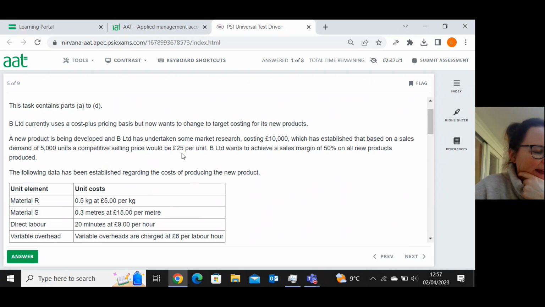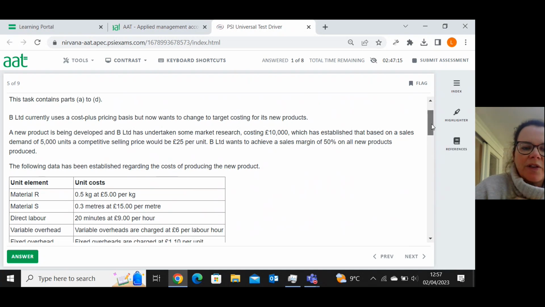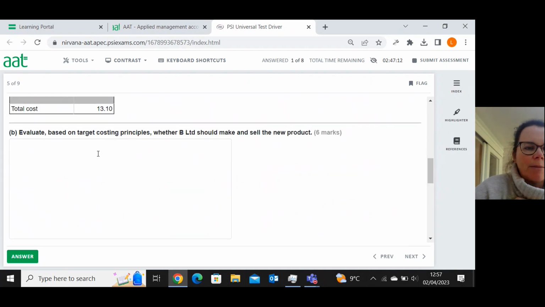So £25 we want a 50% margin. So that means that we've got £12.50 of cost available to spend. We've just worked out it's £13.10. So on the face of it, no. £13.10 is more, so what we think it's going to cost is more than our target cost of £12.50.